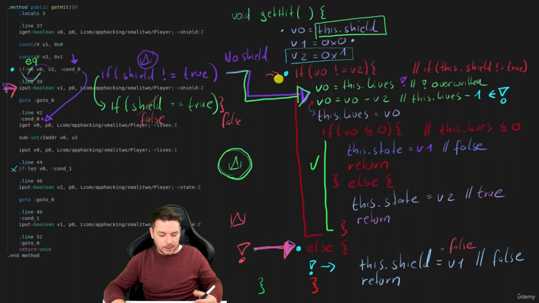And let's see how this goes. Okay, so we start our game, we are not having a shield. If we are not having a shield, we end up at this branch over here. So if we get hit, we lose our shield. All right, let's get back. If we get hit, let's see, our shield is still on the state false. This means we are still having no shield. This means if false equals true, we end up here.